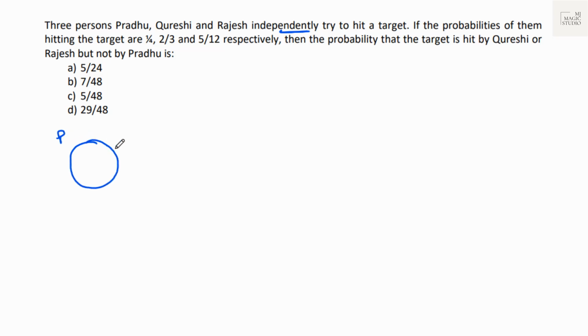Let's see, it is P, Q and R. If the probabilities of them hitting the target are given, then the probability that the target is hit by Qureshi or Rajesh, but not Pradhu. That means we need to take out this portion. We are looking only for this portion.